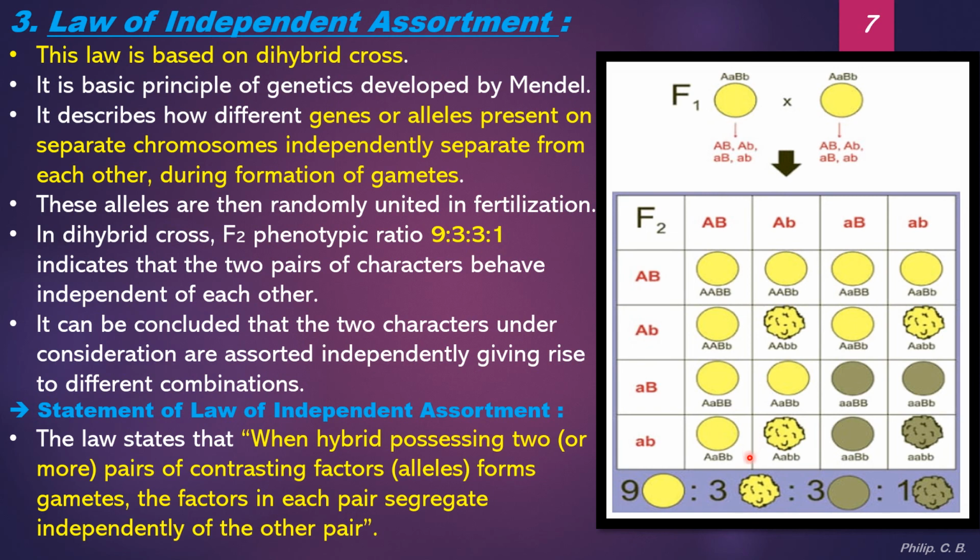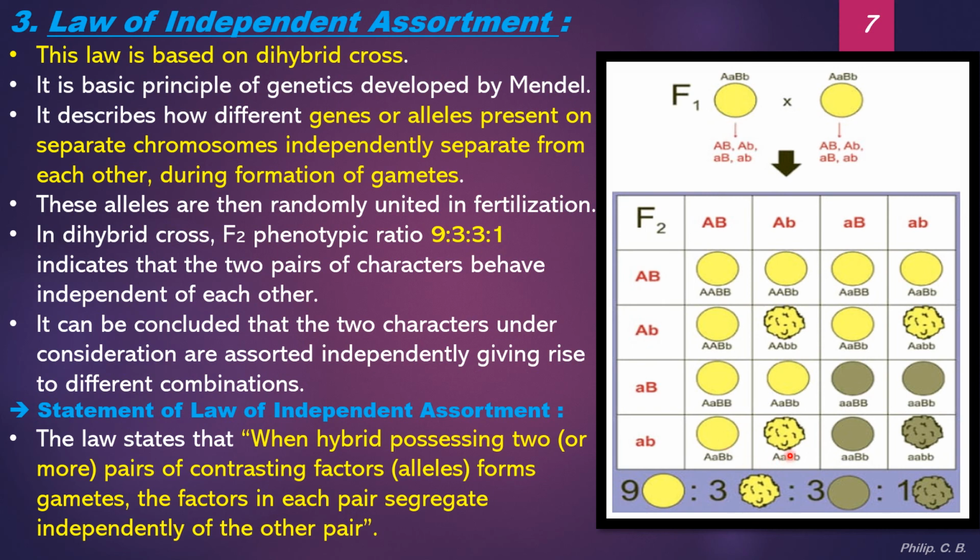As we saw in the dihybrid cross, again we can see here the ratio 9:3:3:1. That is, in the F1 generation, we get capital A small a, capital B small b, crossing with again the hybrid one, capital A small a, capital B small b, and we get 8 different combinations. When this is crossed in the F2 generation, we get, as I mentioned, an inverted L and the diagonal part, which is in the ratio 9, that is yellow round.